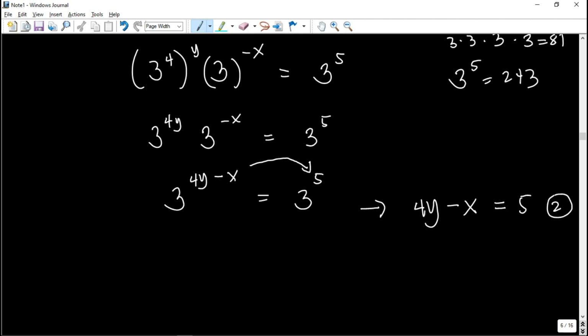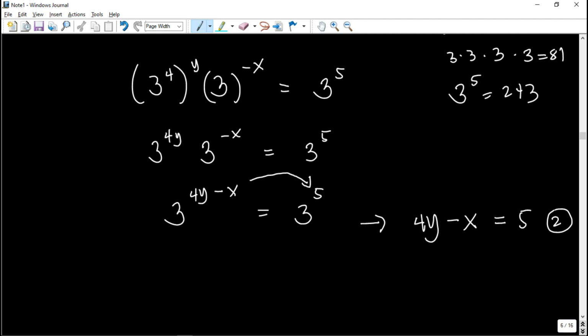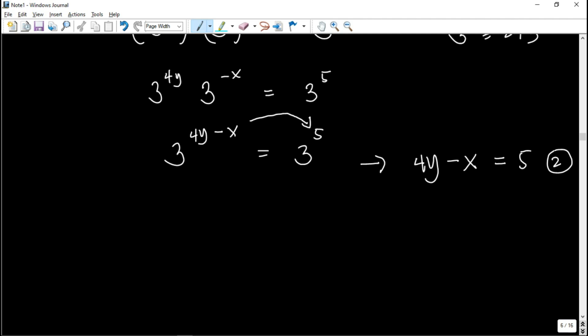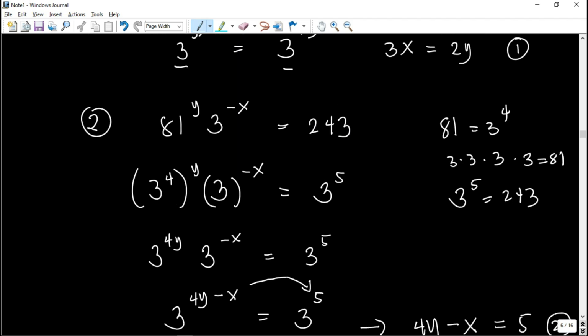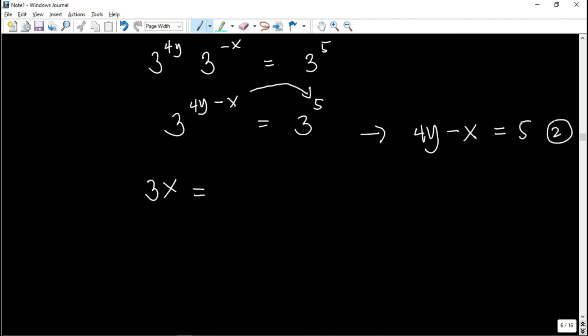Okay, two equations, two unknown, we can solve for x and y. So using the first equation, we have here 3x is equal to 2y, and this is going to be our second equation. We have here 4y minus x is equal to 5. Okay, from the second equation, extract natin si x. Okay, so x is just equal to 4y.